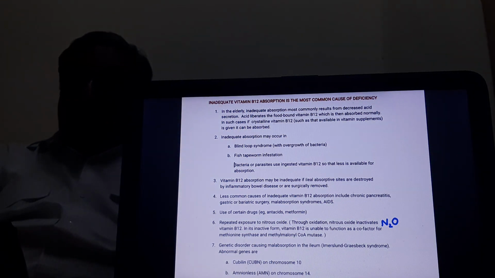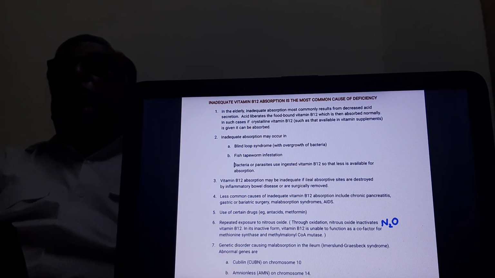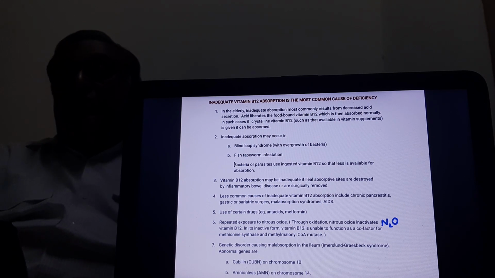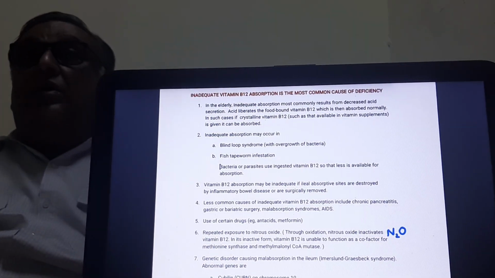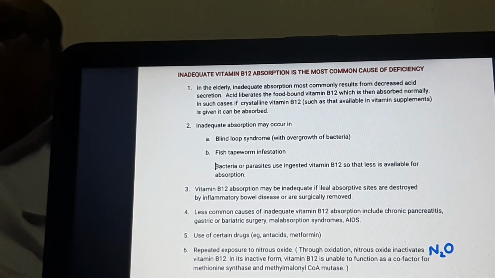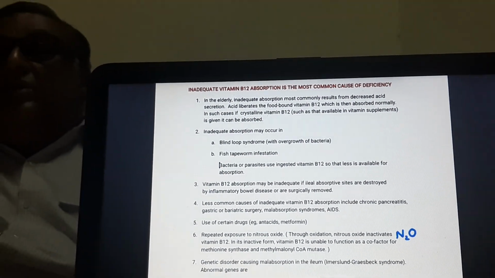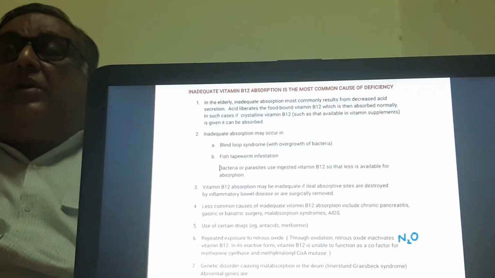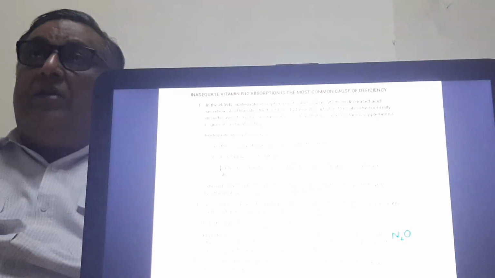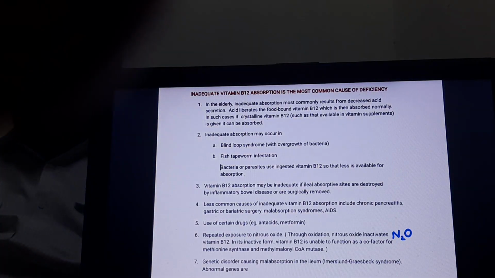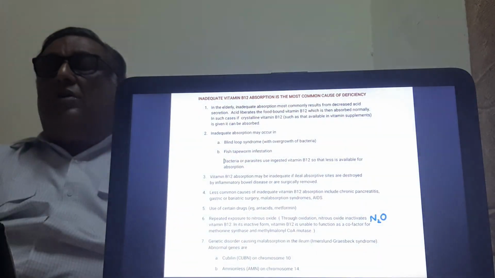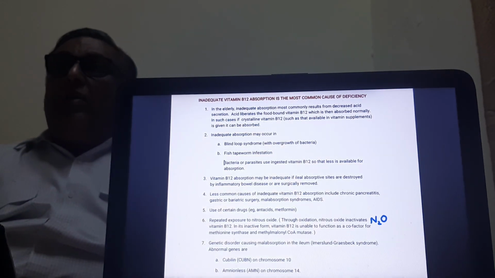Then comes the problem at the level of the ileum. At the level of the ileum, the absorption of the intrinsic factor and vitamin B12 was to take place, where the intrinsic factor was separated and the vitamin was combined with cobalamin, and later in the blood it was combined with transcobalamin.